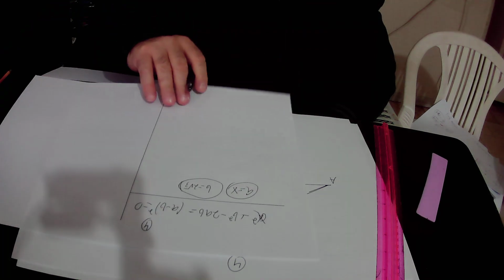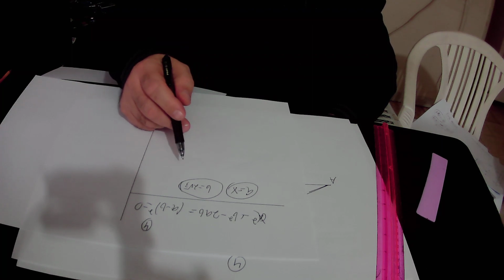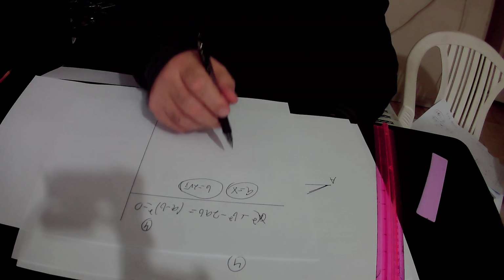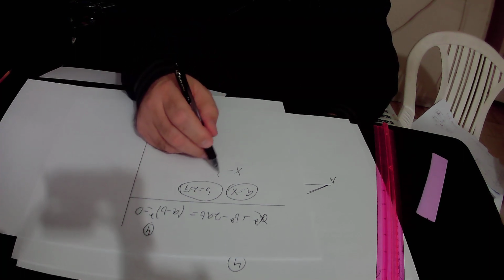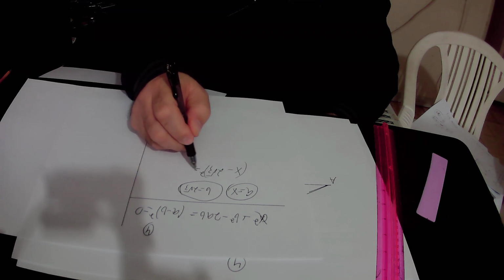I repeat again, in our specific expression, a equals x and b equals 2 times square root of 3. So a minus b squared will be equal to x minus 2 times square root of 3 squared equals 0.